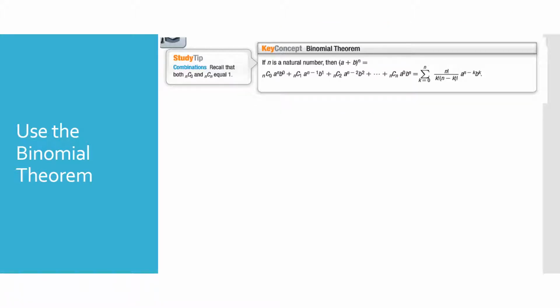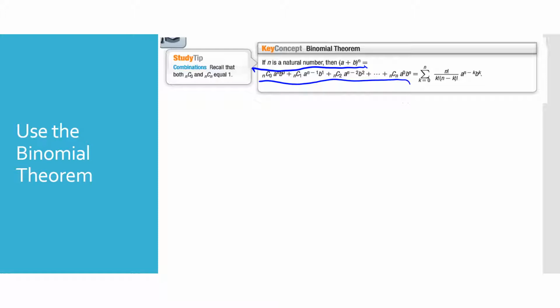All right, so here you see on the top of the screen this binomial theorem, and it says, if n is a natural number, then a plus b raised to the power of n equals all this mess right here, which then equals the summation, sigma k equals 0 to n, of n factorial over k factorial times n minus k factorial, and then we've got a to the n minus k, b to the k. Okay, that's pretty confusing looking.